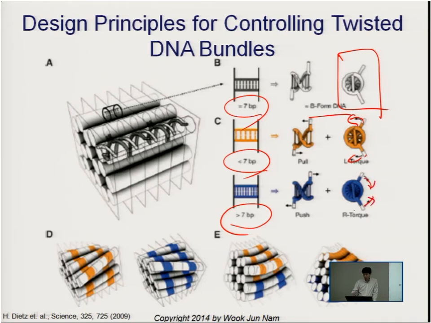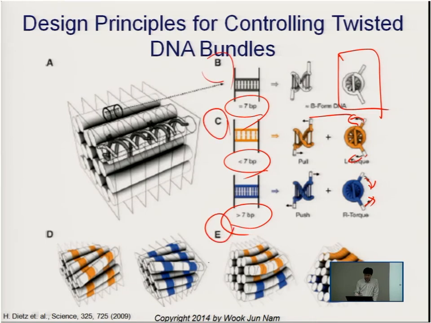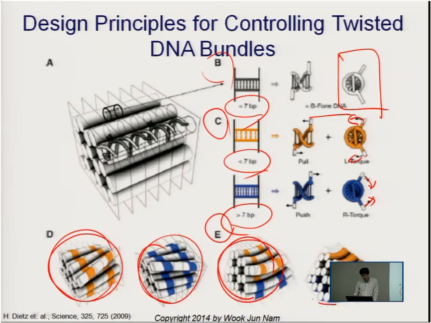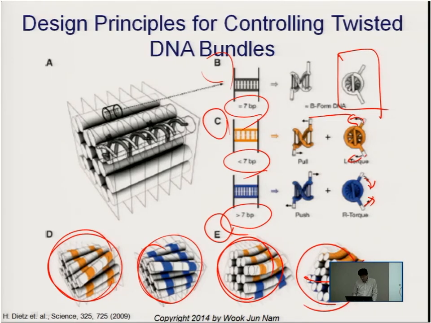So using this engineering of the base pair, people can make these groups of DNA bundles curved and twisted, and this kind of three-dimensional engineering of the structures is possible.